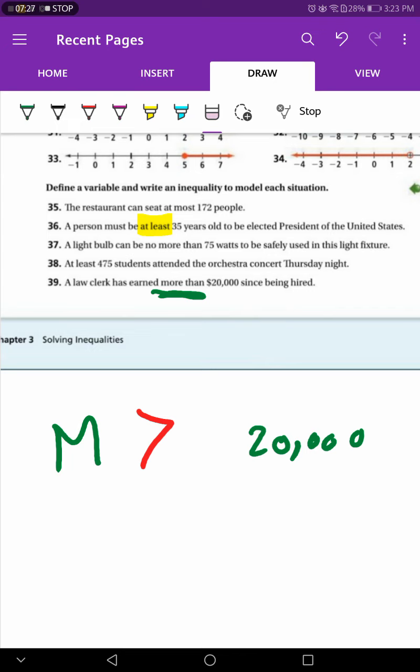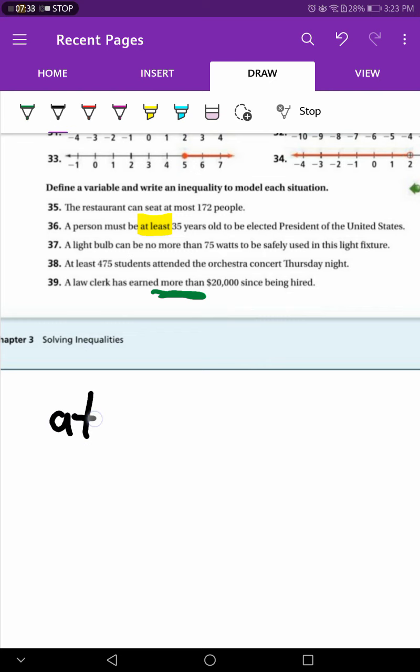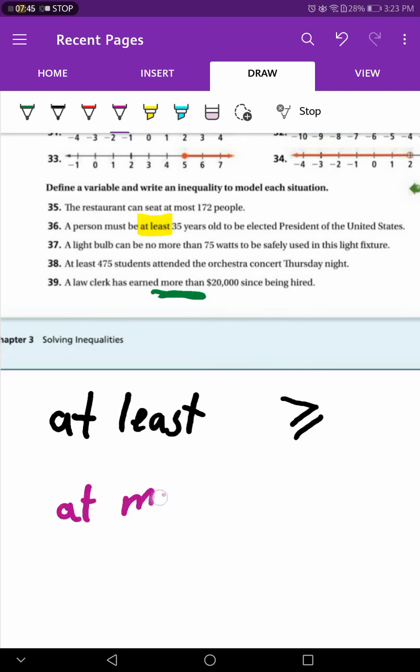Okay, Ryan, is it clear? So at least means greater or equal. At most means less than or equal.